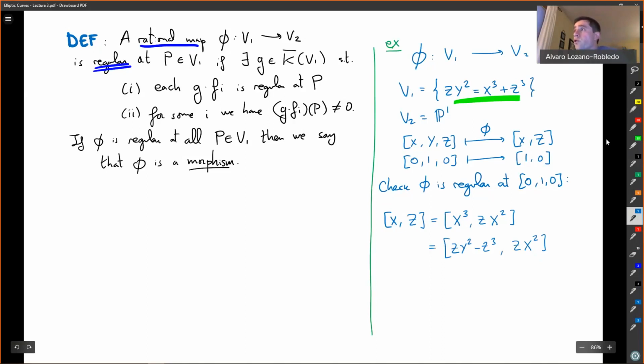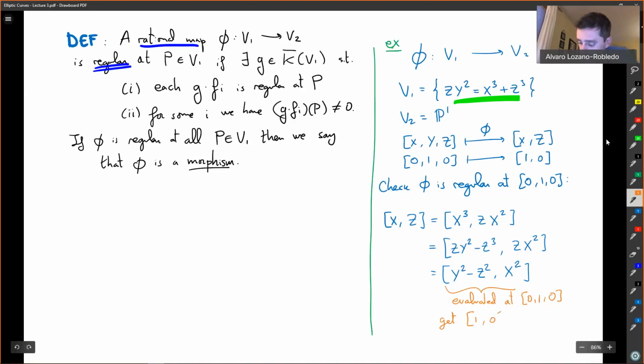Okay, and then you see that I have a multiple of z everywhere, so I can divide by z everywhere, and now I get y squared minus z squared comma x squared. These two formulations of phi are equivalent, but the latter one, when evaluated at 0, 1, 0, gives 1, 0.